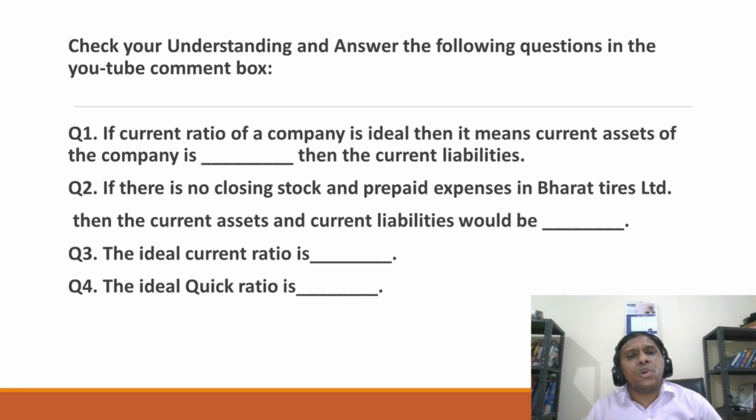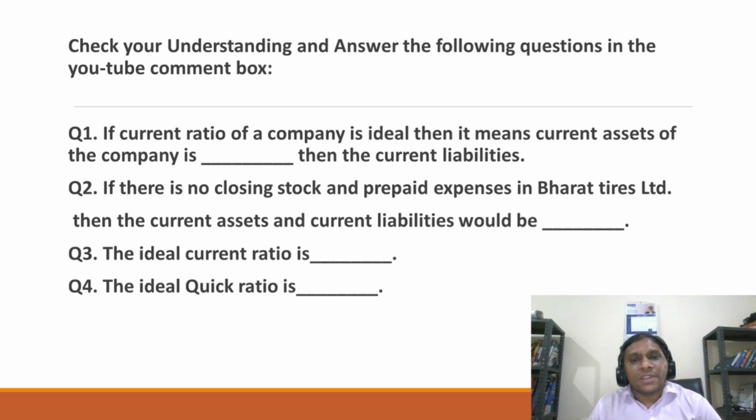If there is no closing stock or prepaid expenses in Bharat Tyres Limited, then the current assets and current liabilities would be dash. What can you write in this dash to make the sentence meaningful? Question 3. The ideal current ratio is dash, which is a very famous Viva question. Question 4. The ideal quick ratio is dash. See, these kinds of questions are asked in your Viva.